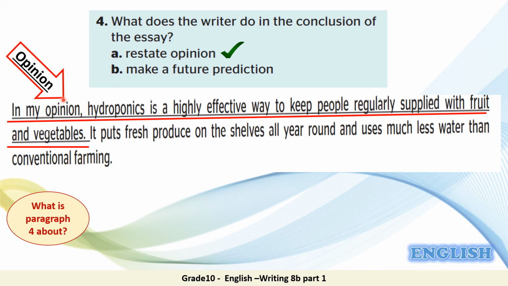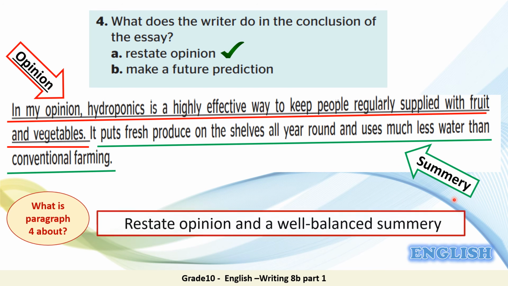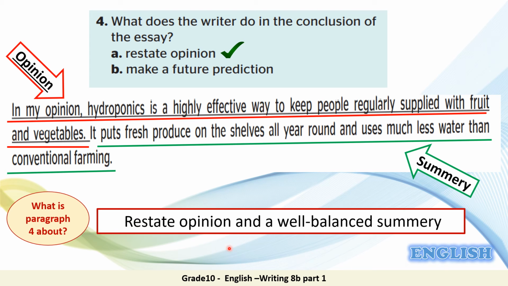Well done, everyone. And let's look at the other underlined sentence with green color. It's giving you a summary. So the final paragraph is restating opinion and a well-balanced summary.